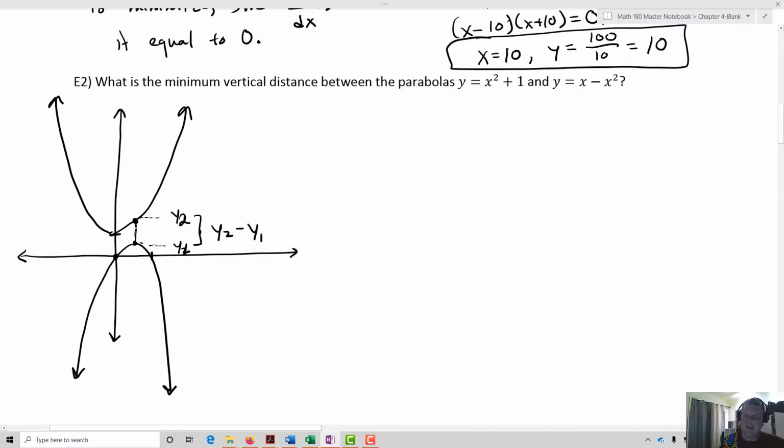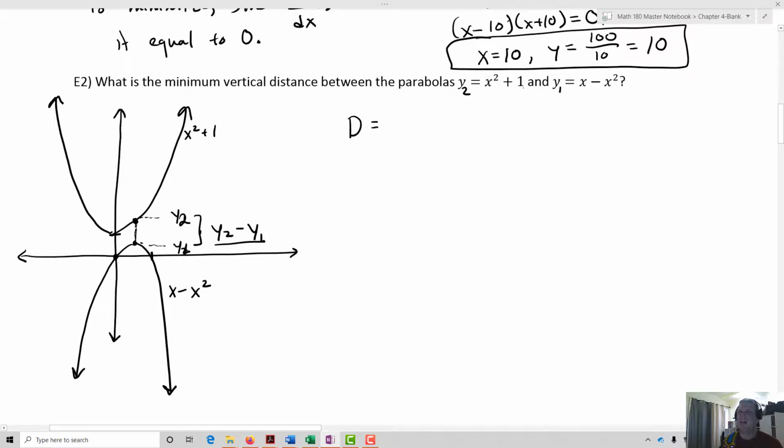So we want to visualize what it is that the question is actually asking us for. Because this one's x squared plus 1 and this one is x minus x squared, I'm going to make the top one y2 and my bottom one y1. So now the distance between the two of them is going to be that equation right there.